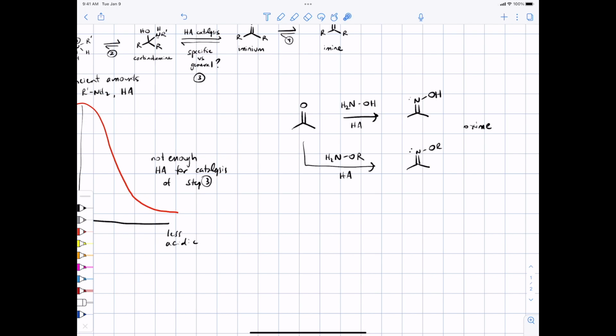Some have used oxime formation as a way to label a protein that has a ketone in it. If you make an unnatural amino acid with a ketone in it, you can then conjugate some larger R group to that protein via an oxime linkage.